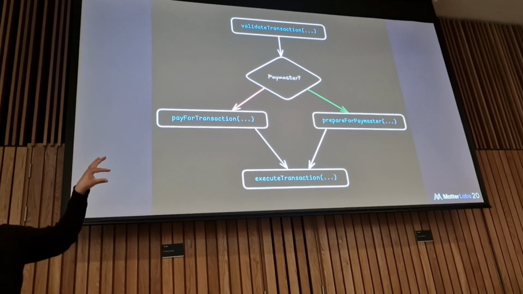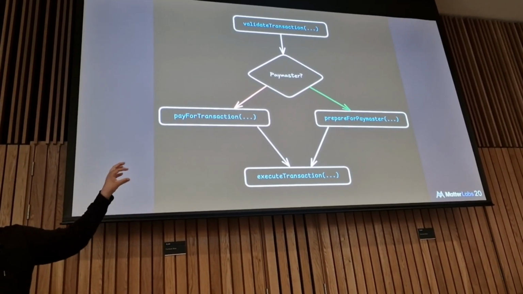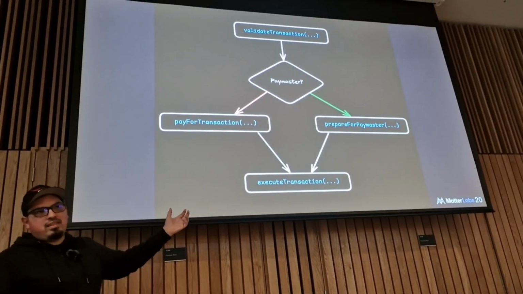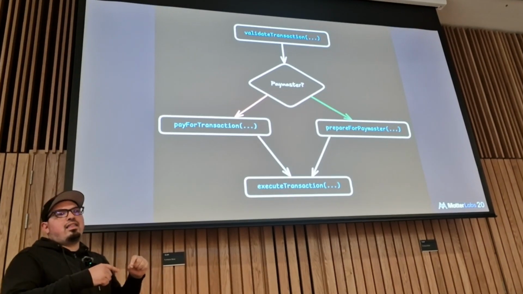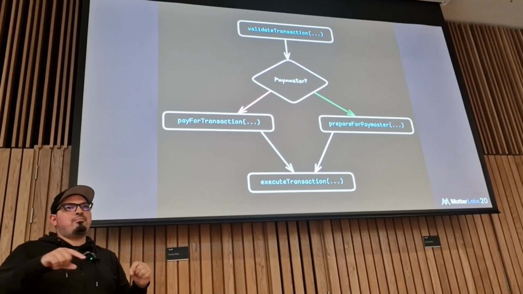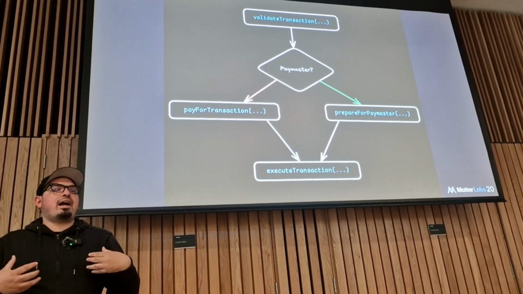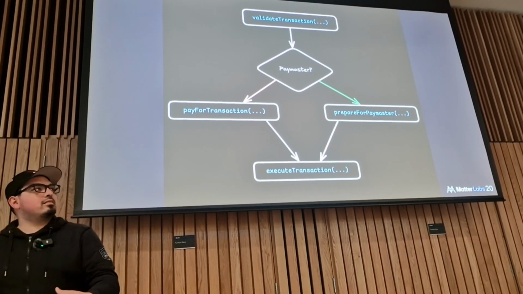Then inside, this is where the decision comes in of who is going to pay for that transaction. If you declare in that transaction, you say, hey, this transaction should be paid by this other contract because I don't necessarily have the fees to do it, or I want to cover the fees for someone else.